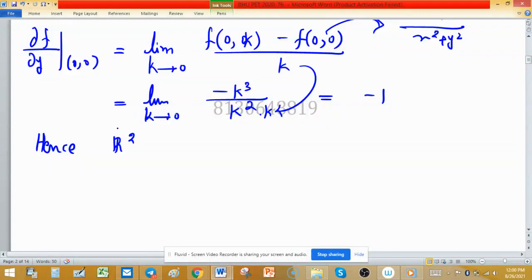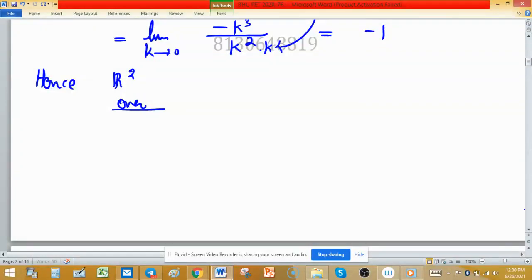Now we need to check the differentiability of the function over R square. For this I am going to check differentiability at 0, 0.